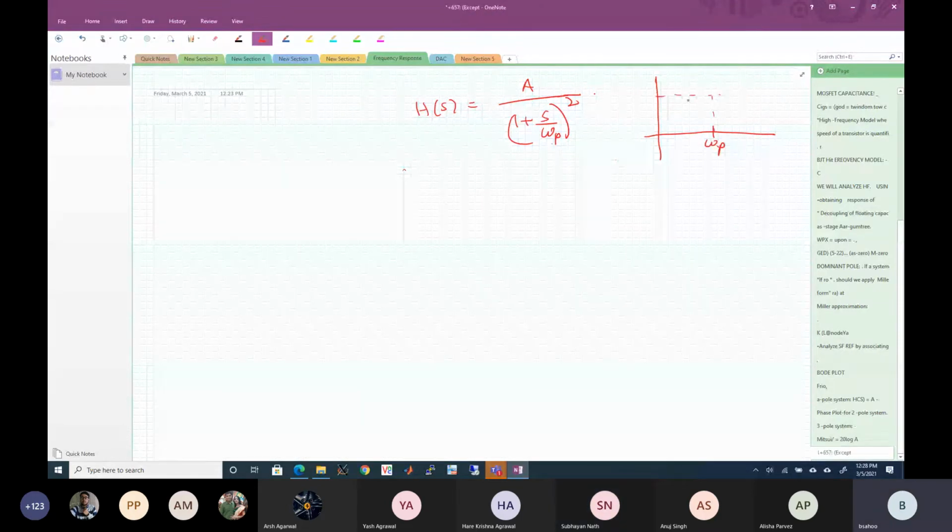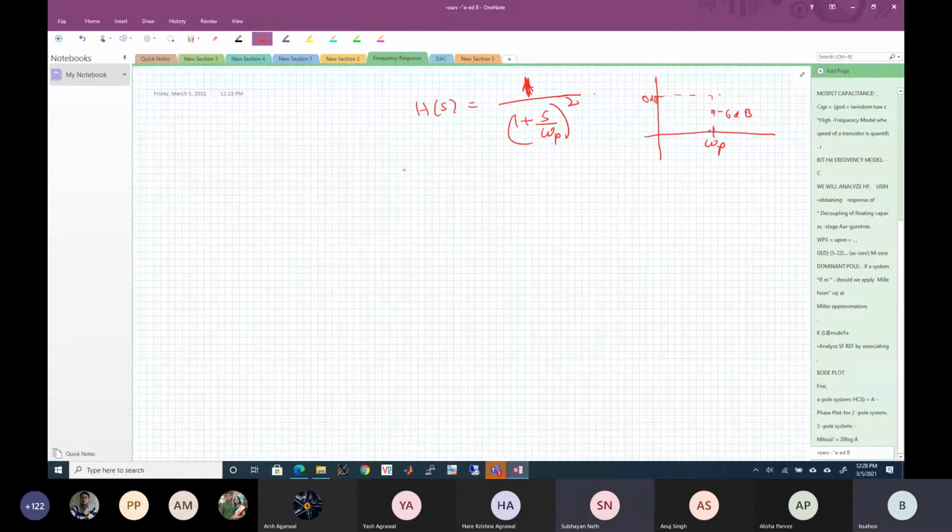So here it will be minus 6 dB down, if this is 0 dB, let me take this gain as 1. So, sir, cutoff frequency is not always the pole frequency. No, why should it be? The cutoff frequency is the 3 dB bandwidth, half power bandwidth. Is that okay? Okay, sir.